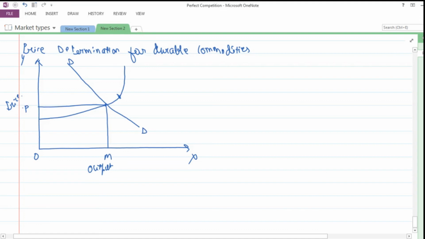Now what we find is that OM is this quantity supplied, and OP is the price.